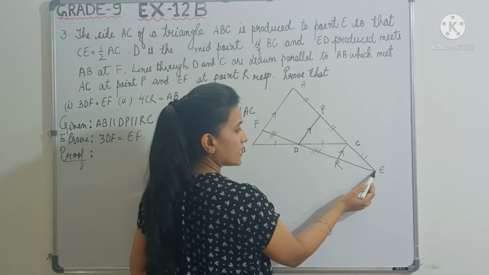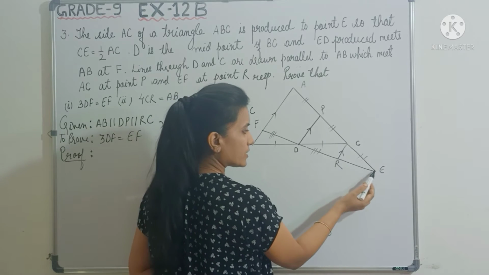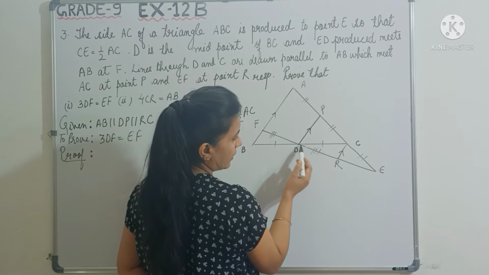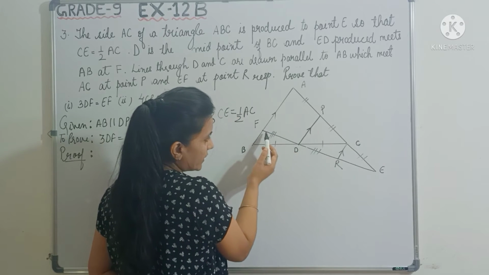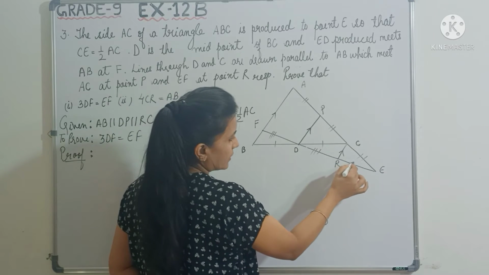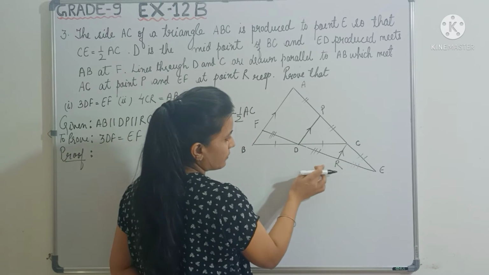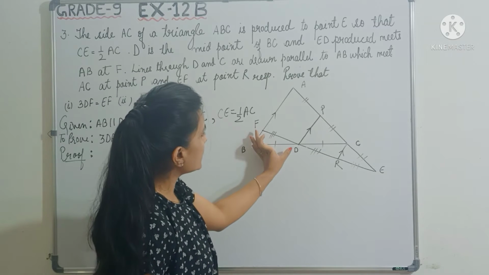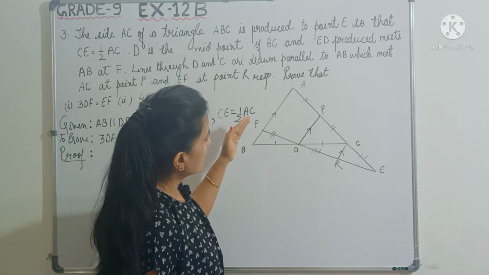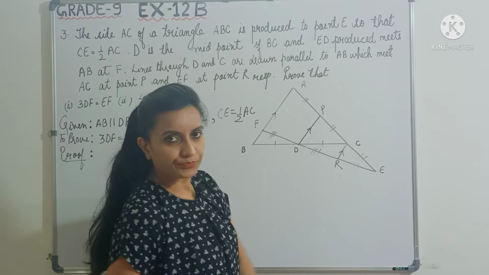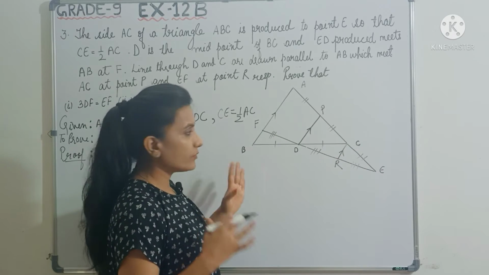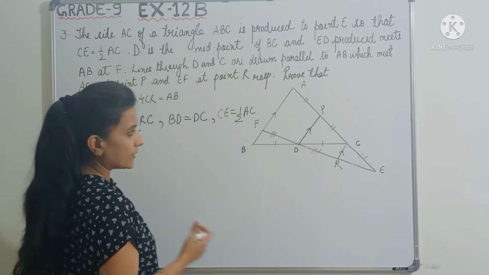It means ER will be equal to RD, and RD is already equal to DF. So we have shown that these three parts are equal to each other, and then we can show that 3DF will be equal to FE.